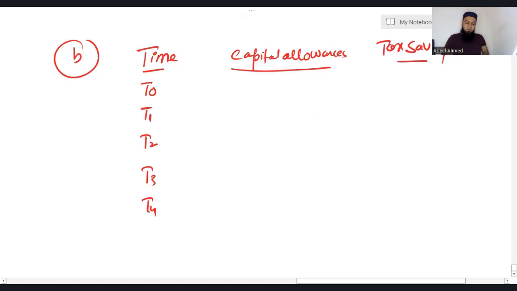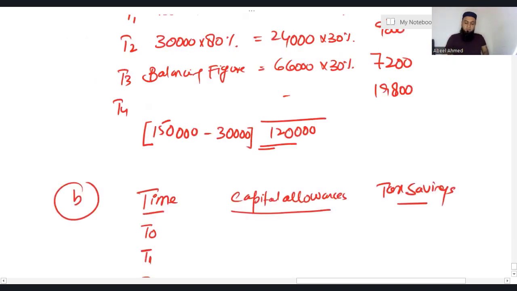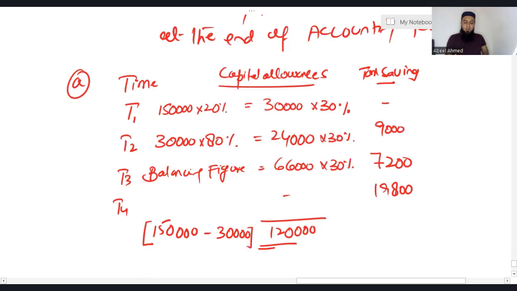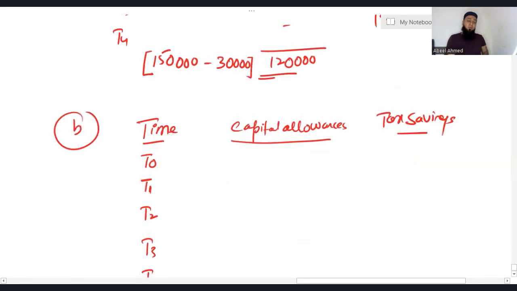So the biggest difference, whenever investment is made at the start of accounting period, you will always start the tax saving calculation from T1. But if your examiner says, which is not the normal case, that investment is made at the end of accounting period, then you will always start the working from T0.